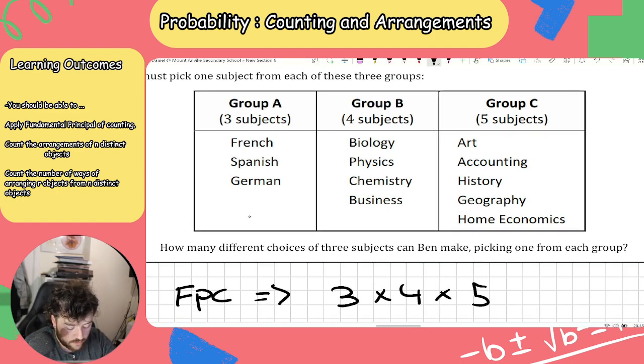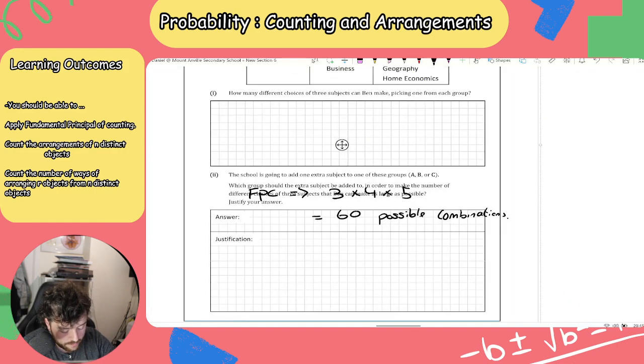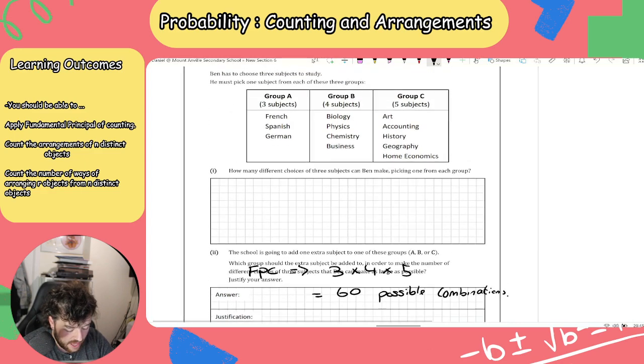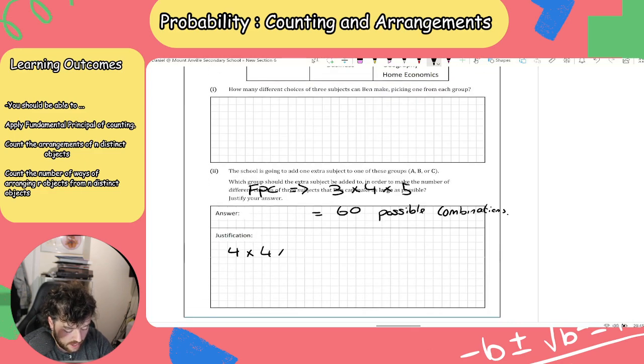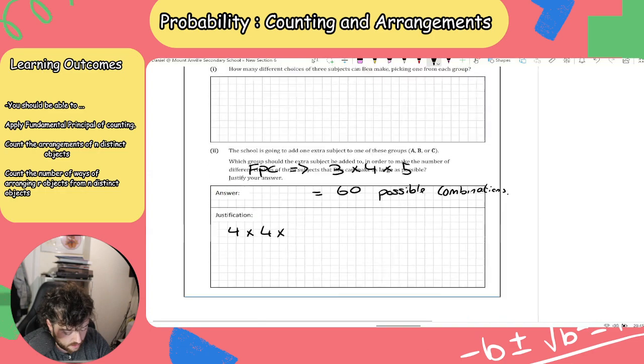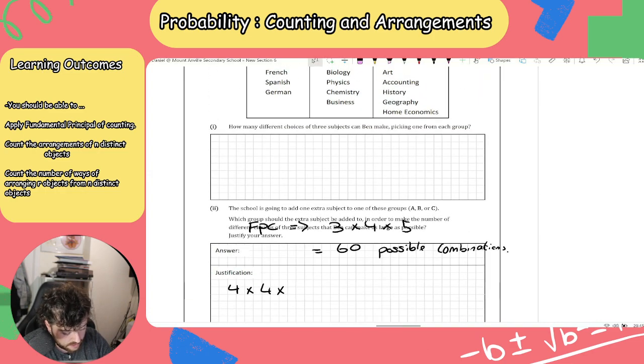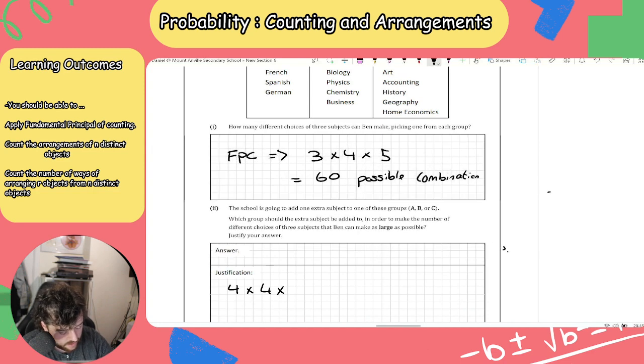If I add 1 in Group A, I'm going to have 4 options in Group A now. Then it's 4 in Group B, and then 5 for the last. That is 80. Okay, that's option 1.